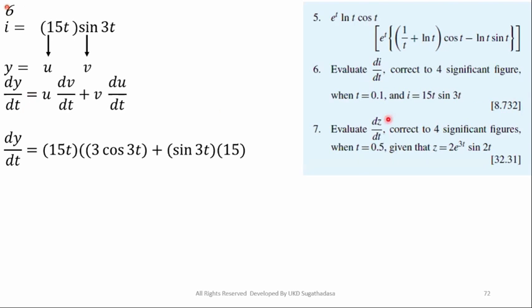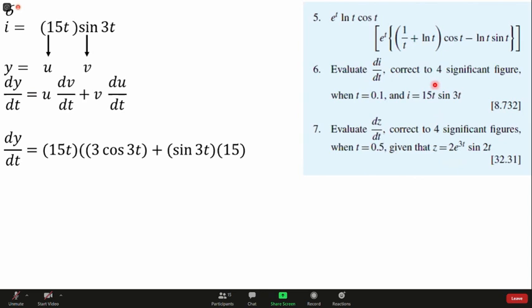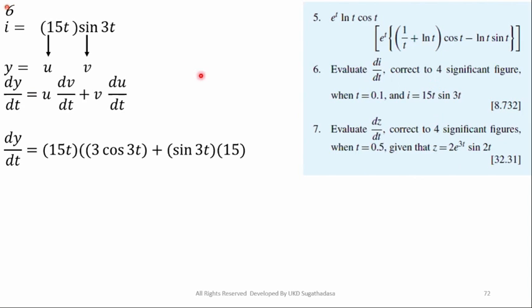Actually, this is a practical application. Remember, in alternating current theory, the current is in amperes and t is measured in seconds. It's a kind of sine wave, but different from the normal sine wave, because t is multiplied by sin 3t.